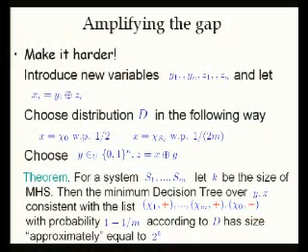And now it's not difficult to show that the size of the minimum decision tree which approximates our defined function on this distribution would be approximately 2 to the k.